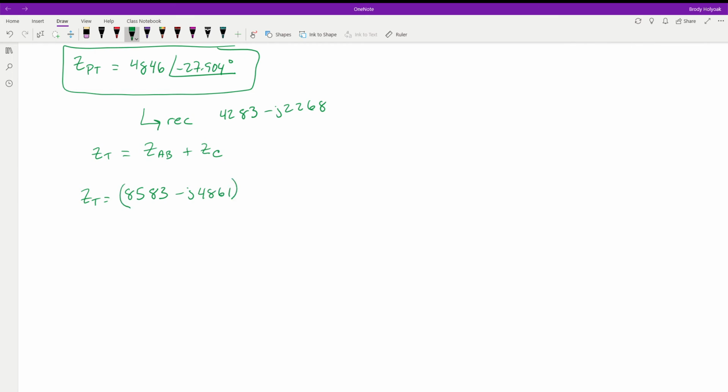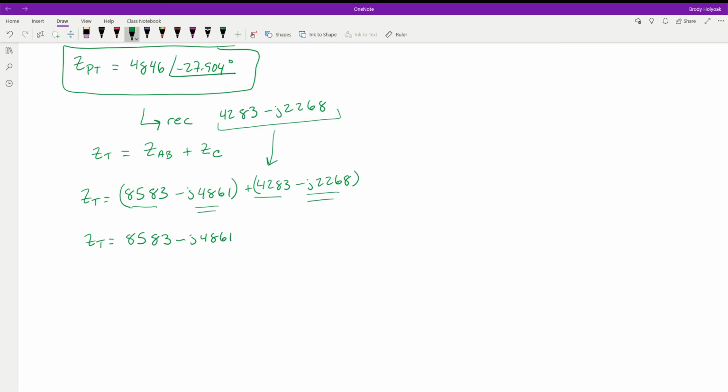So that's the impedance of Z A to B. We're going to add that to the value that we just found, the 4283 minus j of 2268, and again, add like terms. Our impedance total comes out to be 8583, I jumped the gun on that, I apologize. 8583 minus j of 4861 is our answer for this combination.